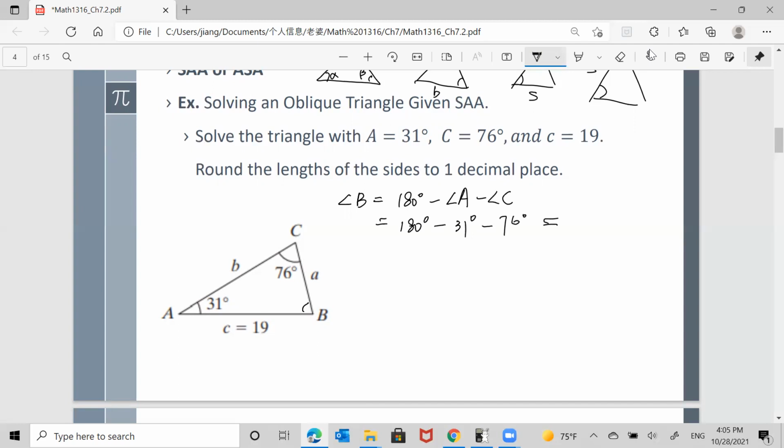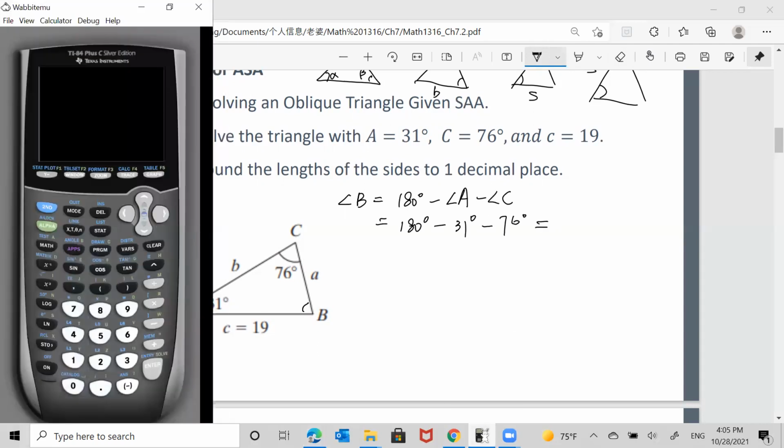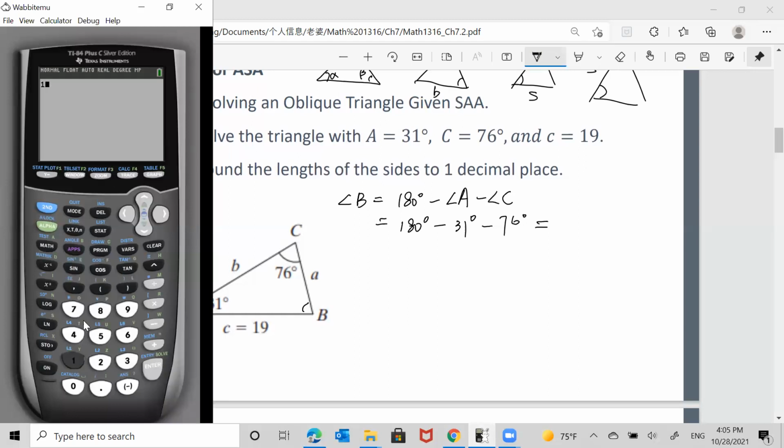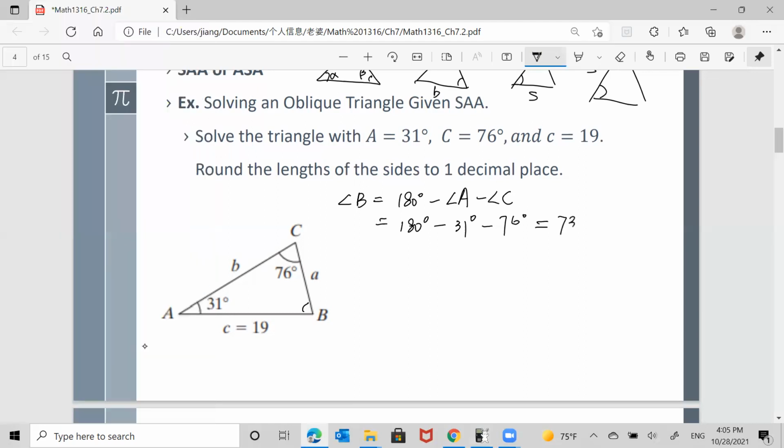We can use the calculator. 180 minus 31 minus 76 is 73 degrees.